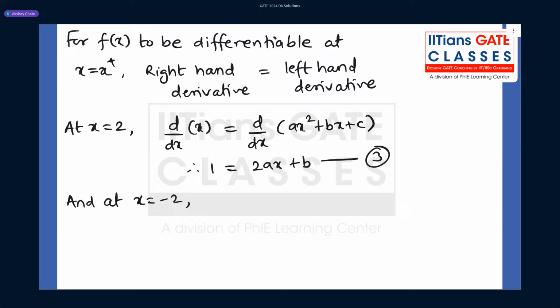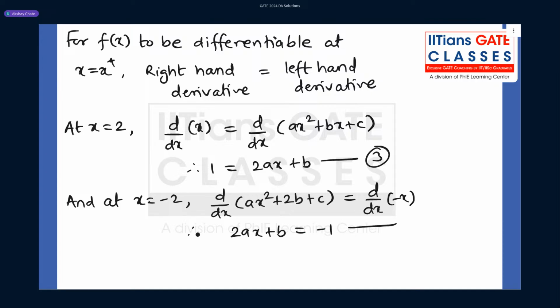So here the right hand derivative will be your quadratic equation derivative, and the other derivative will be of minus x at x equal to minus 2. So from here you get the same, this is 2ax plus b equal to minus 1. So this is your equation number 4.